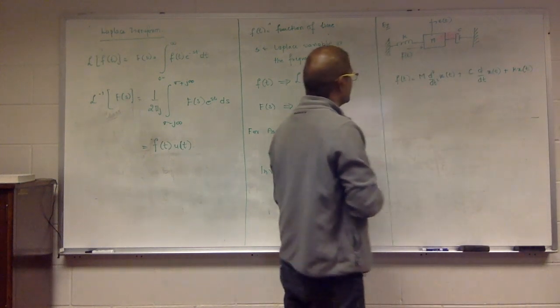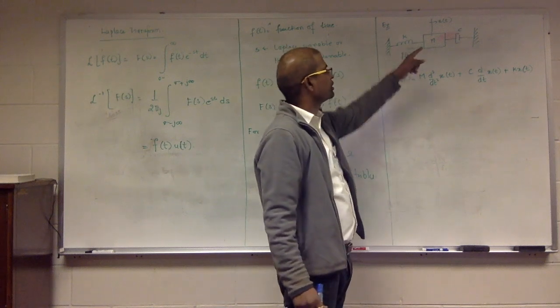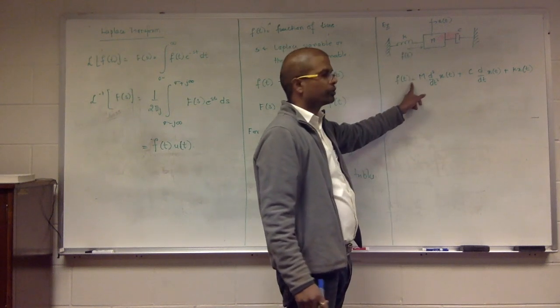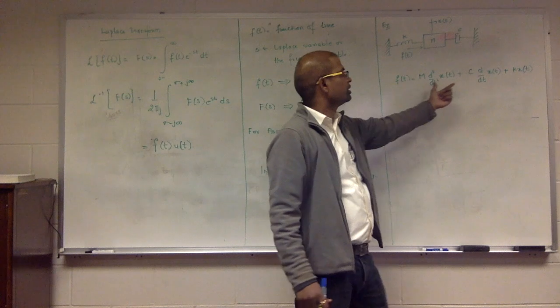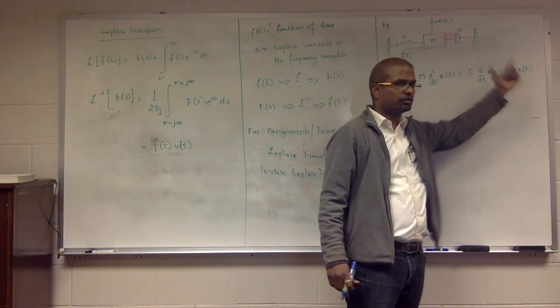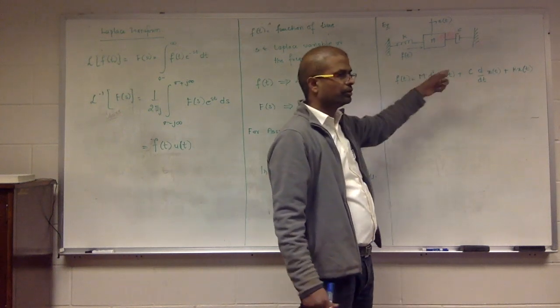Okay, so what you're saying is, if you apply a force here like this, that force will cause displacement. These are other components of forces. This is essentially applying Newton's laws.